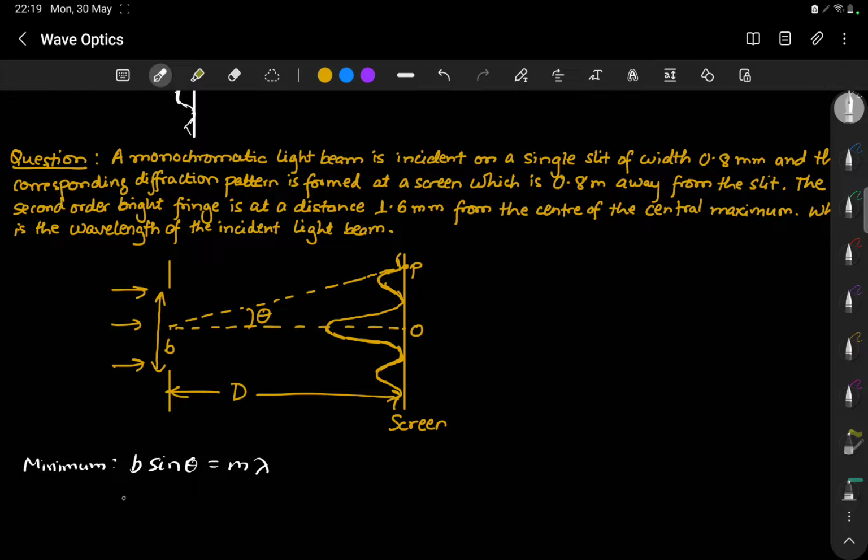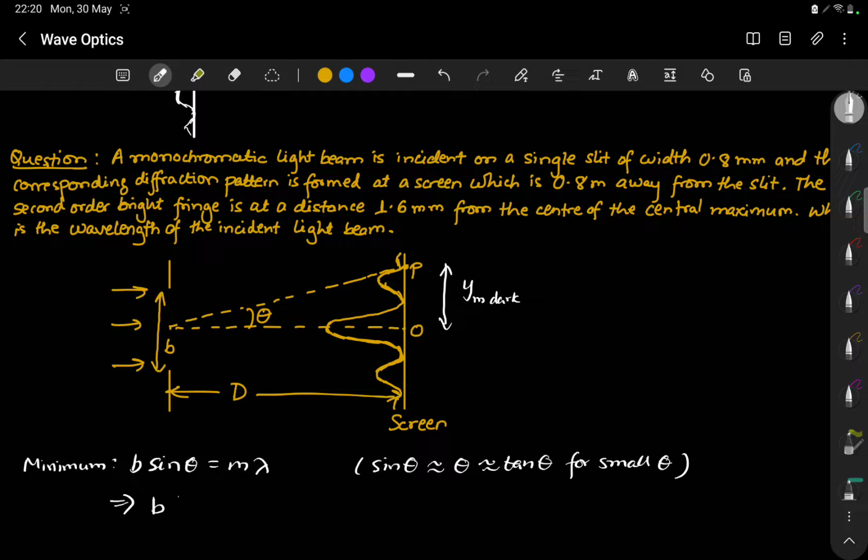Now in the small angle approximation, we have sine theta is approximately equal to theta, which is approximately equal to tan theta for small angle. So let us call this distance y m for dark.